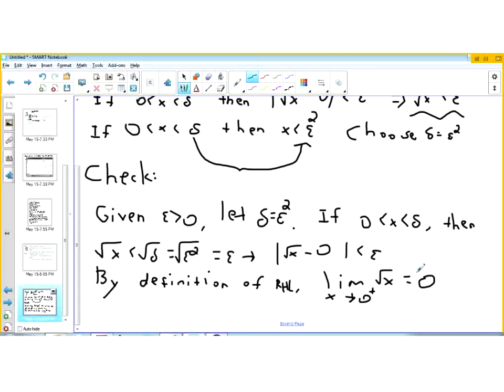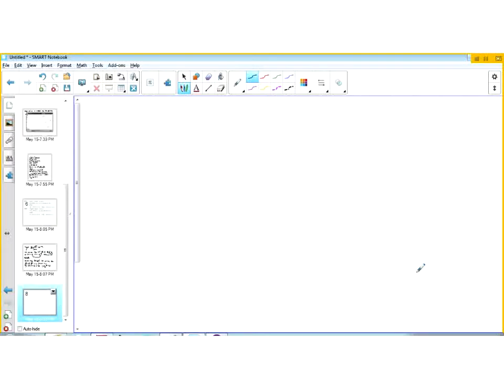So we have that. That's our first taste of formal proofs involving limits. Now let's add a little bit of complexity to the problem. Sometimes it's not so clear how to calculate delta for more complex functions. So, next example.